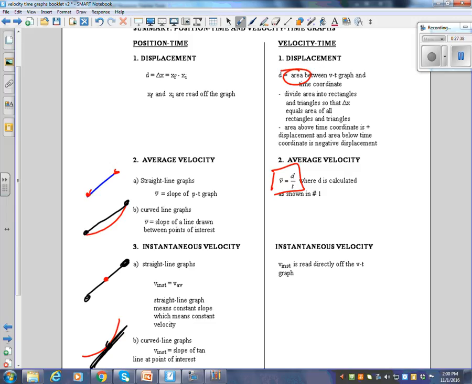And how do you find d? Area. So it's really area over time, right? If you're asked to find instantaneous velocity, well, that's the easiest one. You simply read it off the graph. It's a graph of velocity.